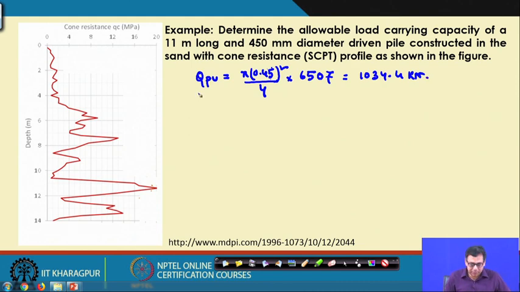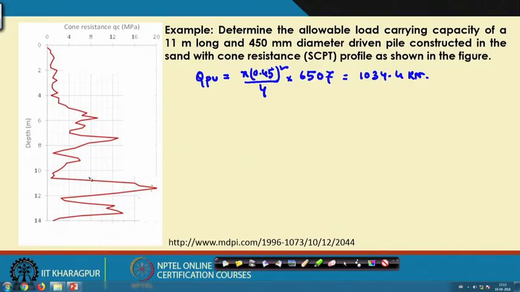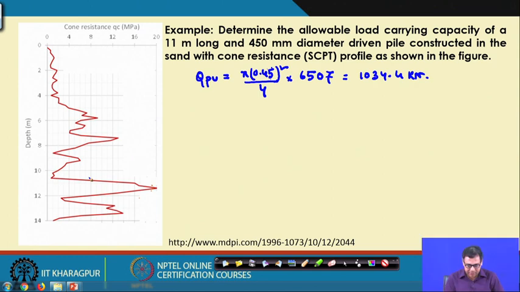Now, similarly, you draw the same straight line. From 0 to 11 meter, you take the weighted average. I have taken this zone's weighted average for QP, and if you take the weighted average for the entire length of the pile, that will give you the frictional resistance.